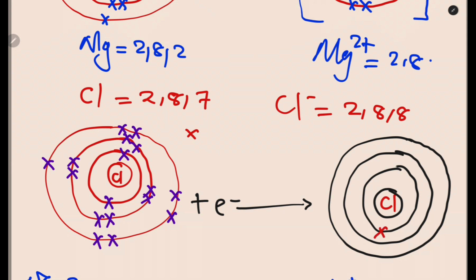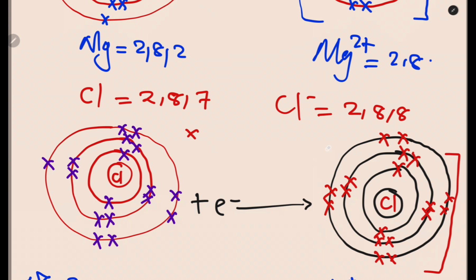Be consistent. So in the second shell there are 8. Then also in the third shell we have 8. Okay, this is the chlorine ion. Then you put it in brackets.